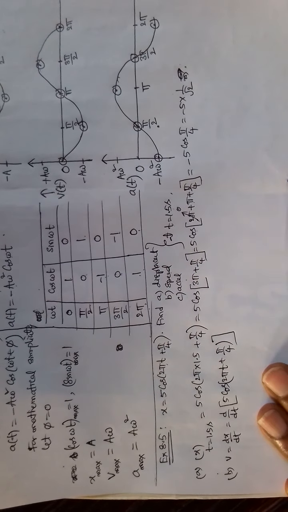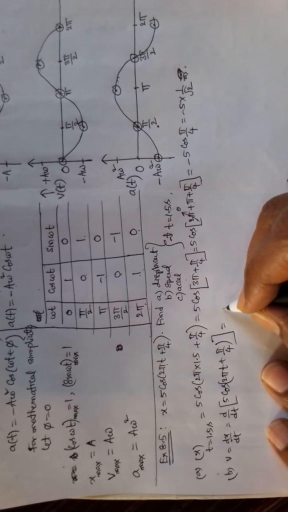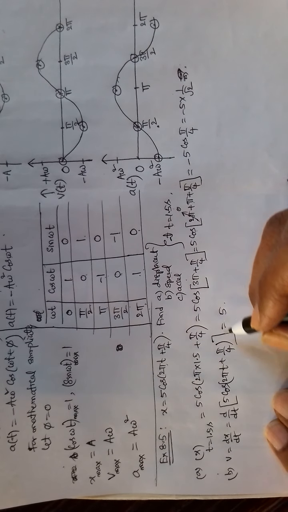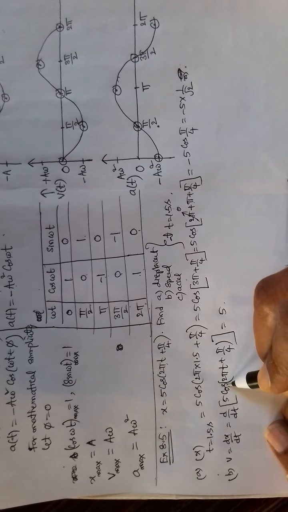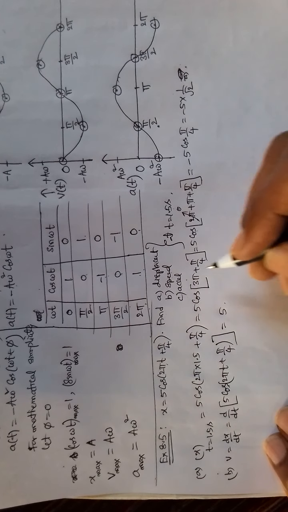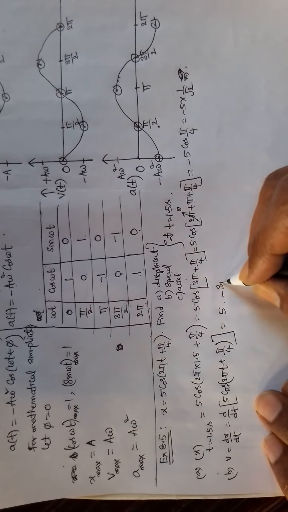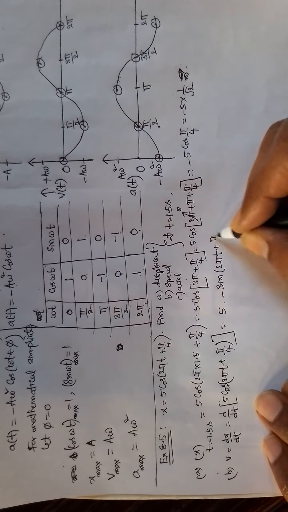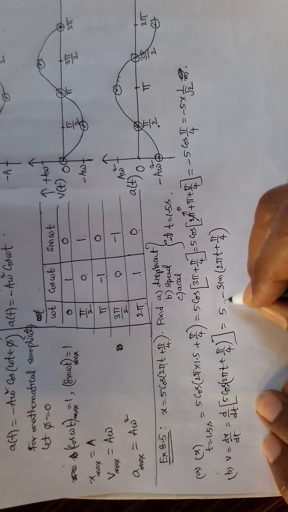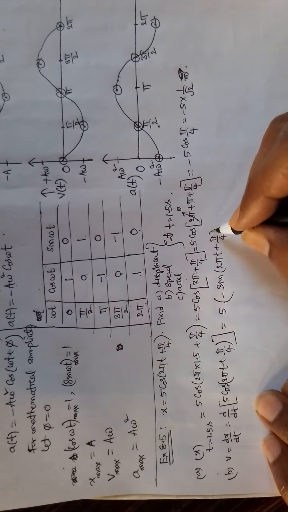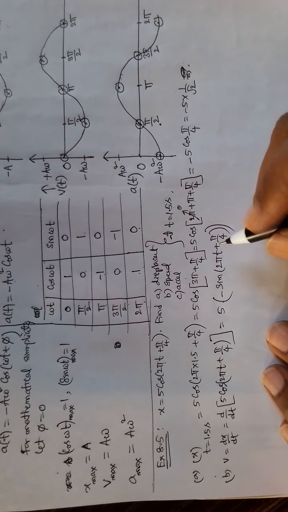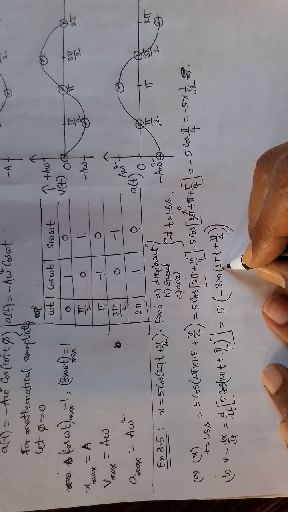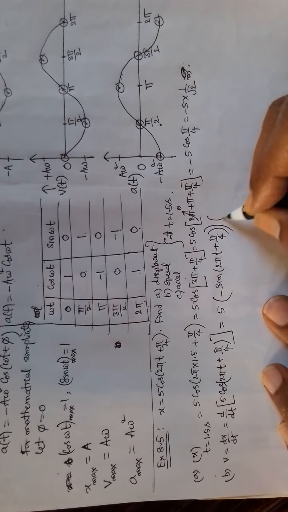So when you differentiate cos, you get minus sine. Now when you differentiate 2 pi t, you get 2 pi.